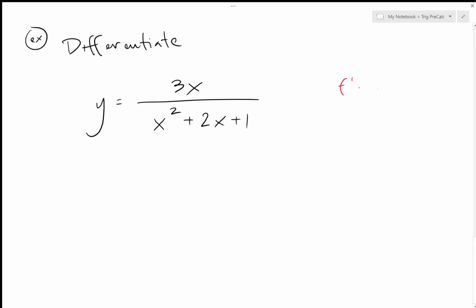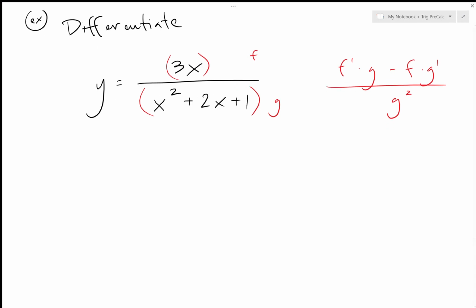It's derivative of top times bottom minus top times derivative of bottom over bottom squared. Now, this thing on top is going to be f, this thing on bottom is going to be g, all right, f and g, so let's plug that in. So lots of plugging in, lots of figuring this out. So y prime is, let's go piece by piece.